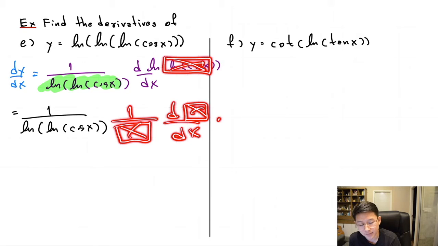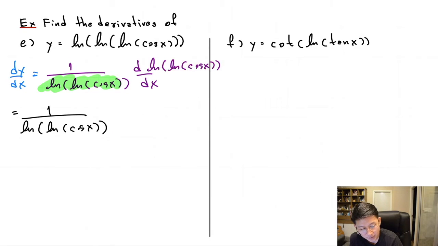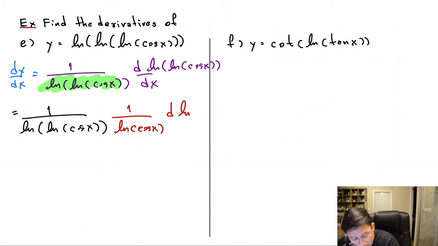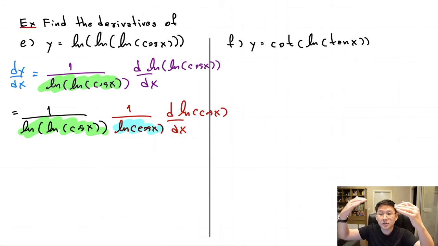Make sense? So here, I have 1 divided by log of cos x, d log of cos x by dx. And then guys, again, these two terms are done. Don't touch them. Just copy and paste.